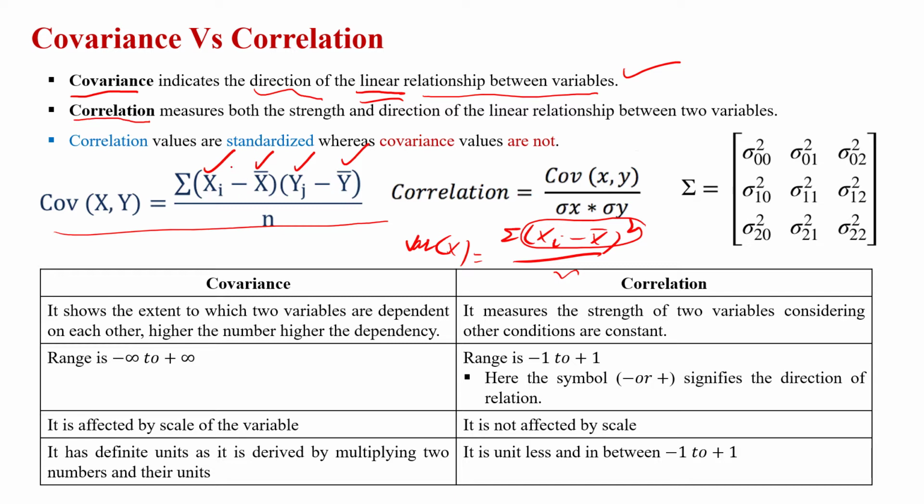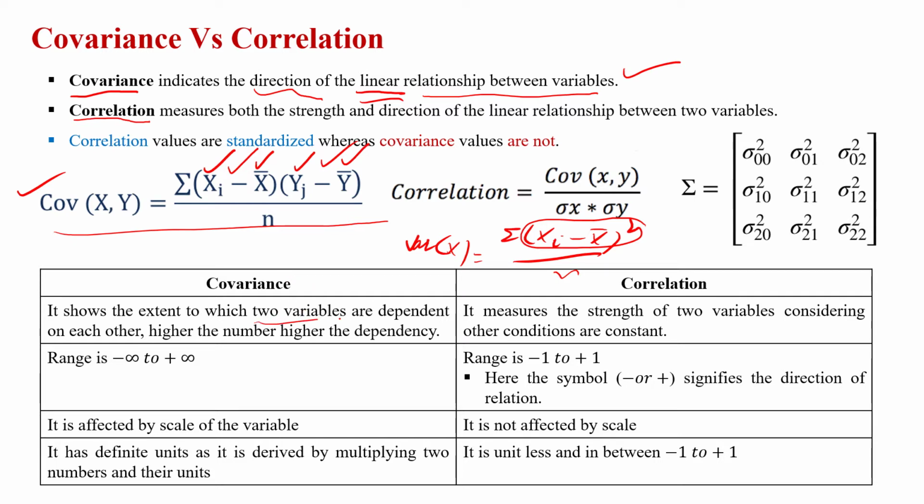So we take the deviation from the mean of the observations of the first variable and of the second variable, multiply those two components, sum them and take the average. That is called the covariance.